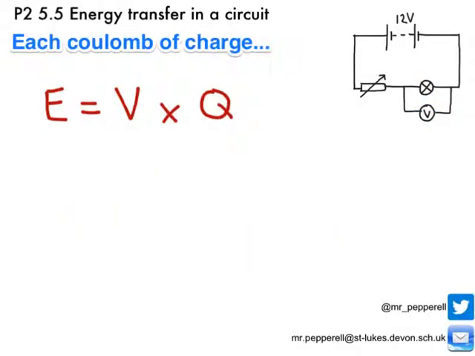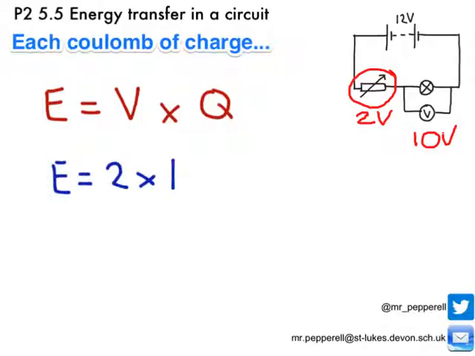So finally, for each coulomb of charge that leaves my battery, how much energy is transferred to my variable resistor? Well, I know my voltmeter was reading 10 volts before, and I know from the rules for potential difference in series circuits that in that case the potential difference across my variable resistor must be 2 volts. So again, I can just put these figures into my equation because energy equals potential difference multiplied by charge.